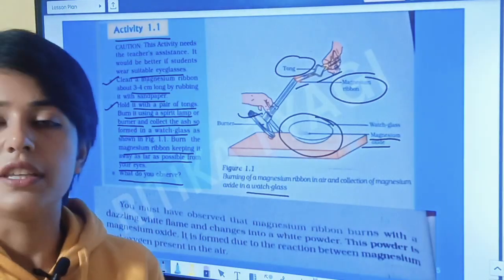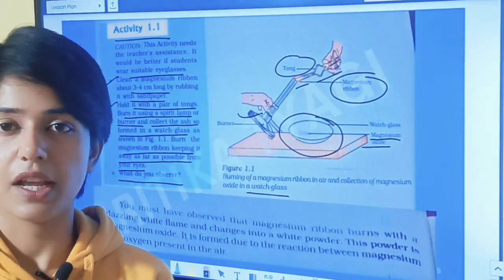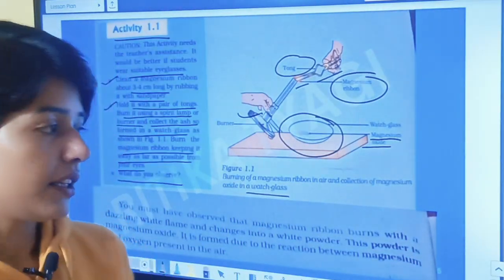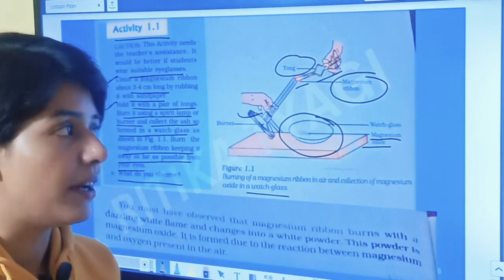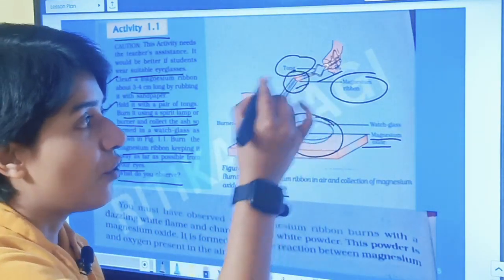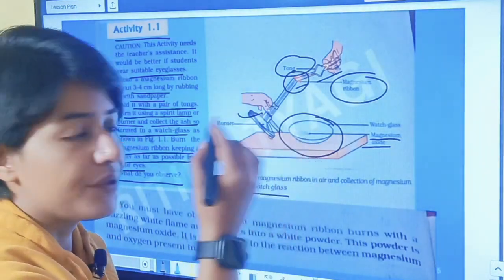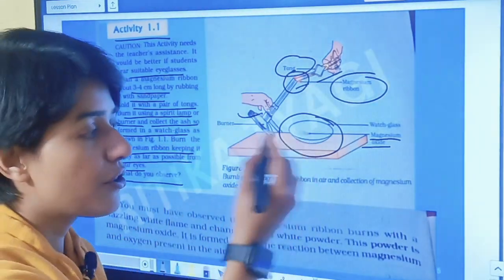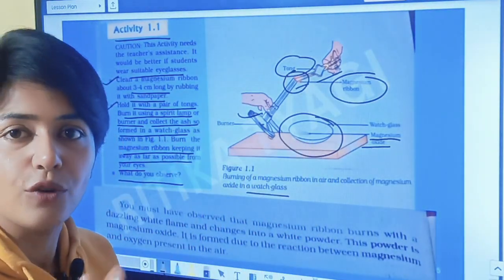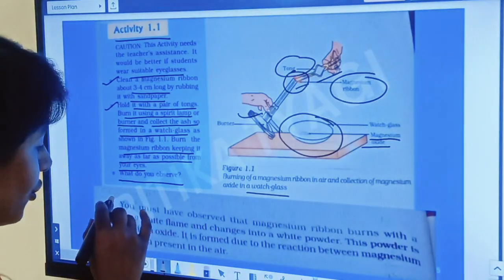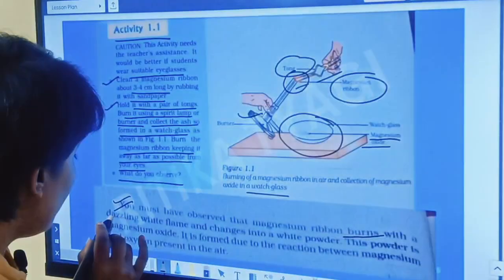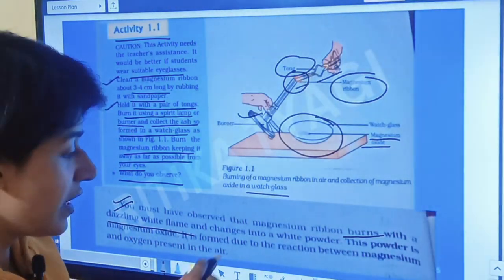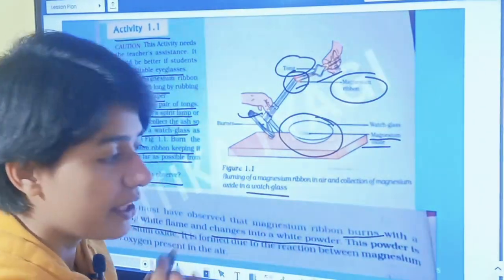What do you observe? Now, what are your observations? अब आपने क्या observe किया? The answer is that we observe that magnesium ribbon is burning with a dazzling white flame and produces a white powder of magnesium oxide, which we collect in this watch glass. You must have observed that magnesium ribbon burns with a dazzling white flame and changes into a white powder.